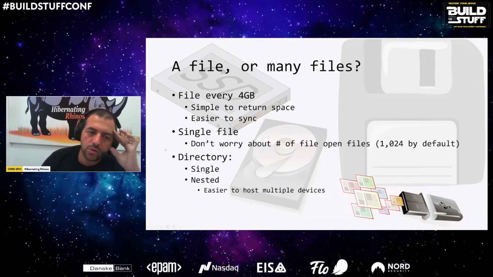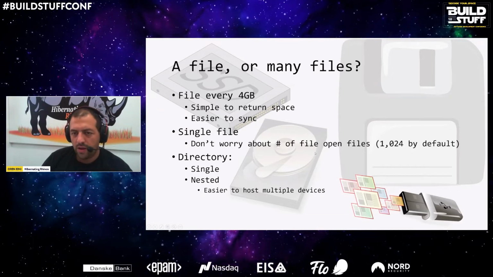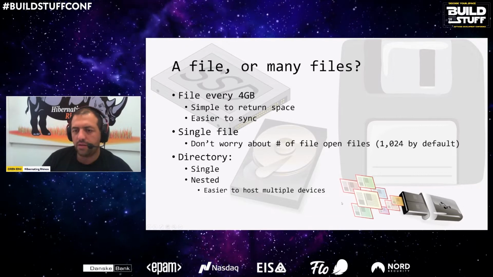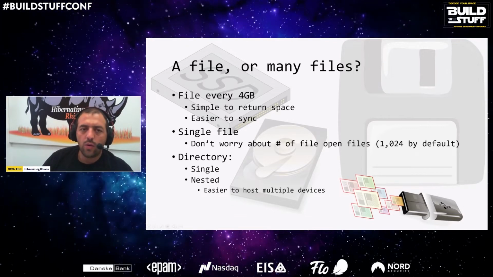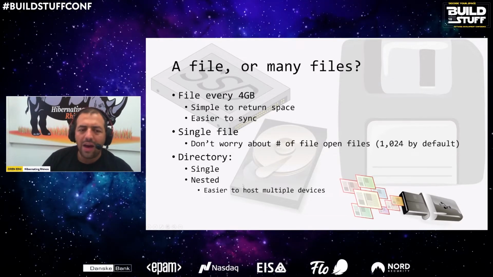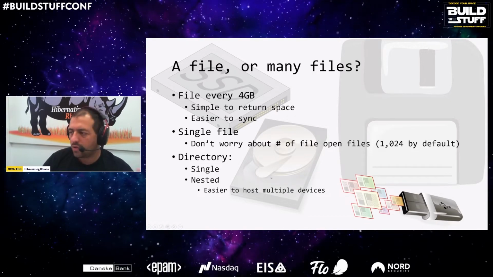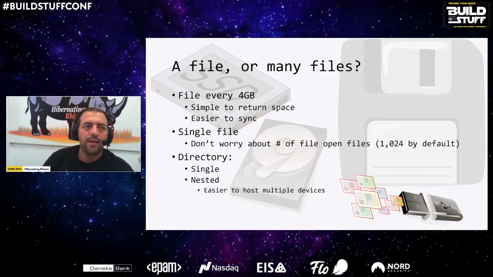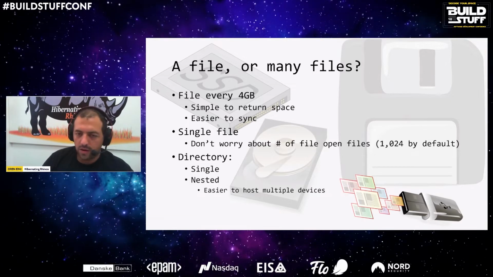Even if you're going with a single data file, you're going to have some headers, the transaction logs, and a whole bunch of stuff like that, temporary files that you may need. And especially if you're going with multiple independent files, I would say that you want to create a nested directory structure. So you would have a /data directory that contains all of the data files, a /journal directory that contains all the transaction logs, things like that.